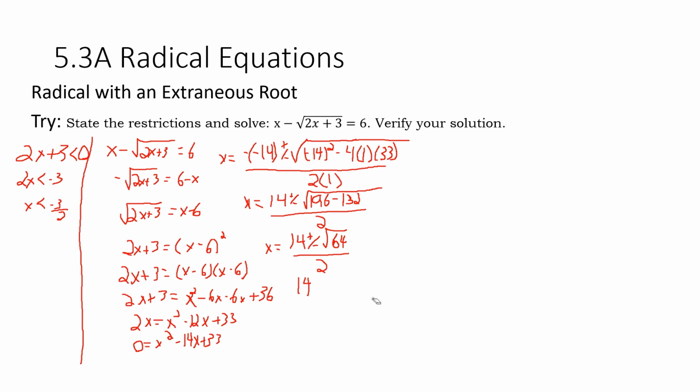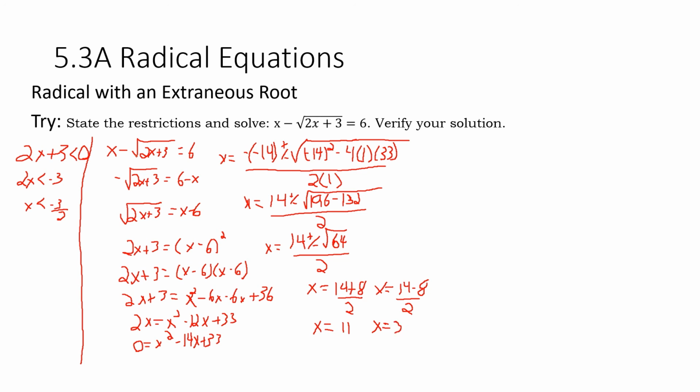So x equals 14 plus 8 over 2 and 14 minus 8 over 2. So those are two values for x. 14 plus 8 is 22. 22 divided by 2 is 11. 14 minus 8 is 6. 6 divided by 2 is 3.